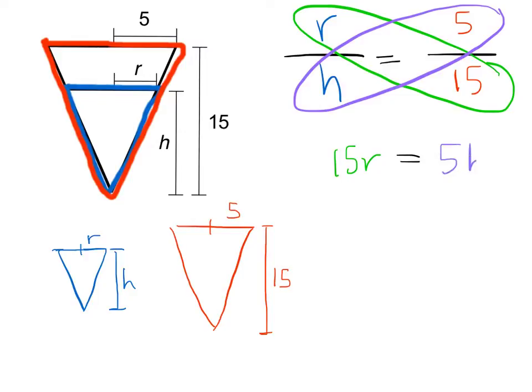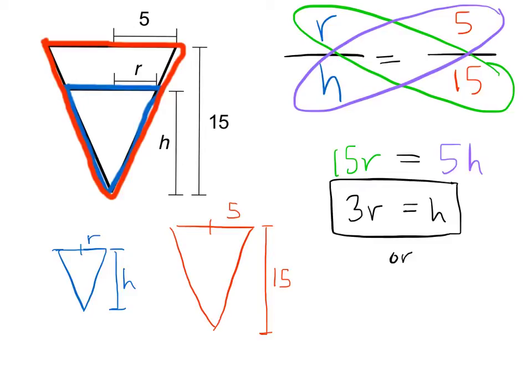Now, what I was mentioning before about what you should observe from situations like this shows up exactly as we solve it here. If we divide both sides by 5, you get 3R is equal to H, which just goes to show that the height, or H in this case, is 3 times the size of R. Again, if it's preferable to you to solve for the other variable, you can easily do that here.